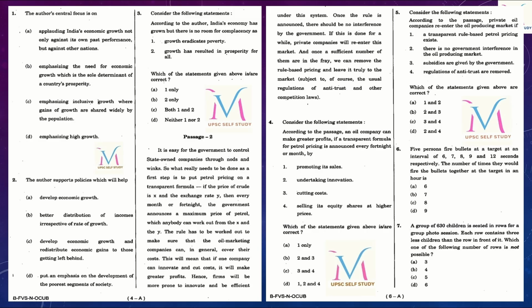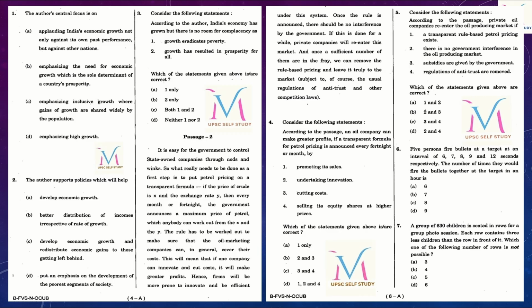By getting the information regarding the price, we can make some arrangements. By cutting the costs, we will be able to buy less quantity or something. We can make changes. So for question number 4, option B, 2 and 3 are correct.